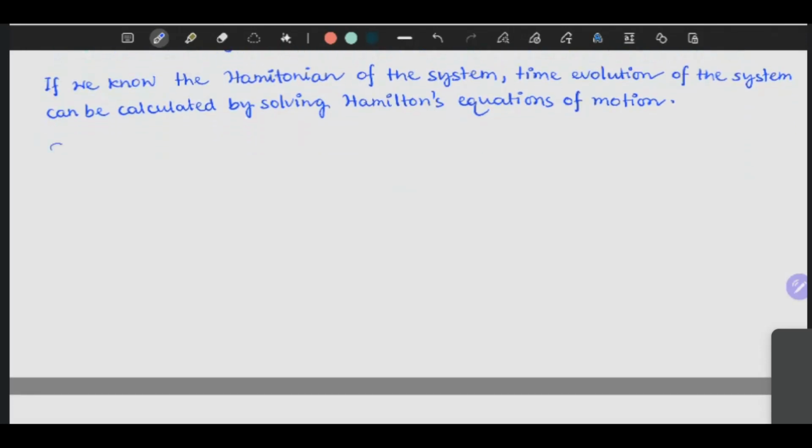Now the Hamiltonian of a system is not every time very easy to write, right?